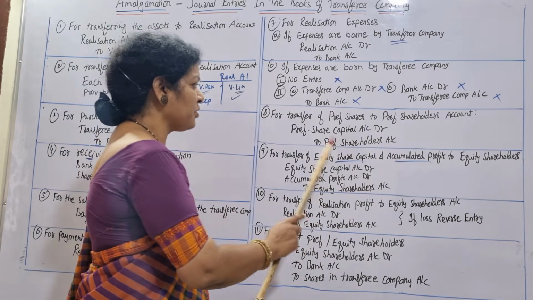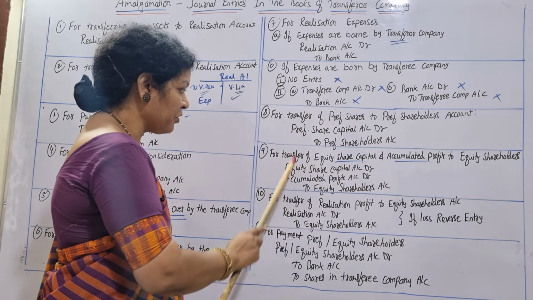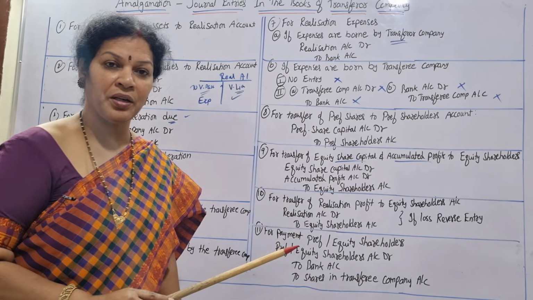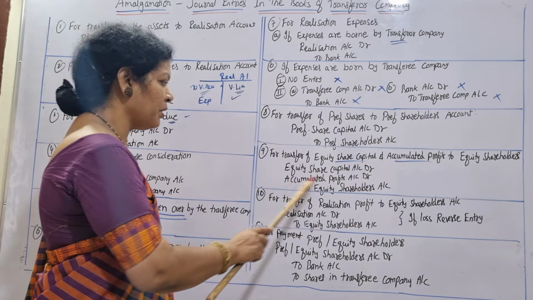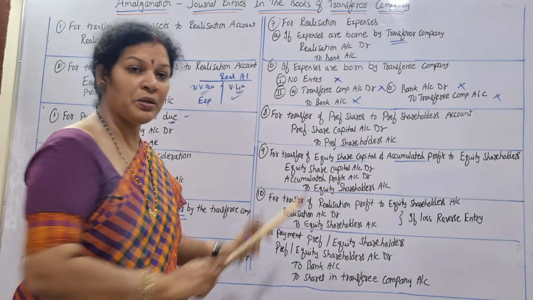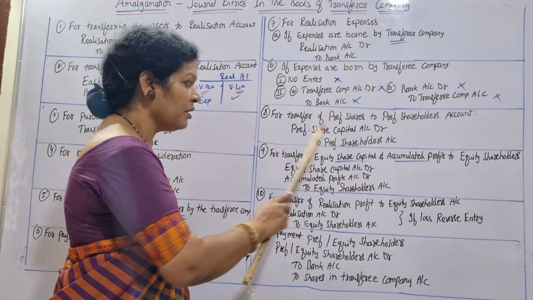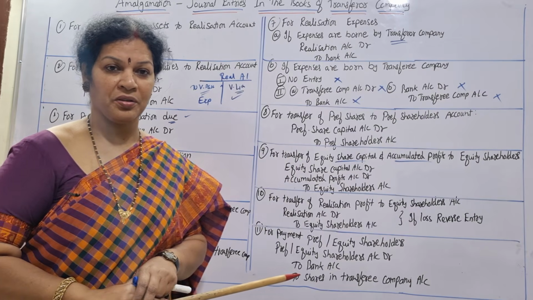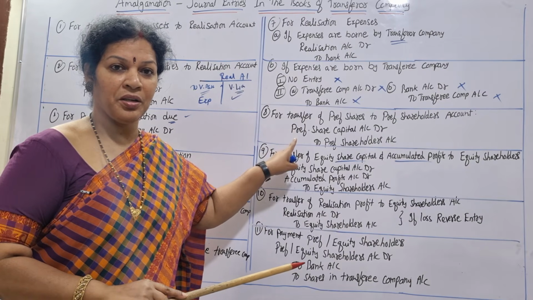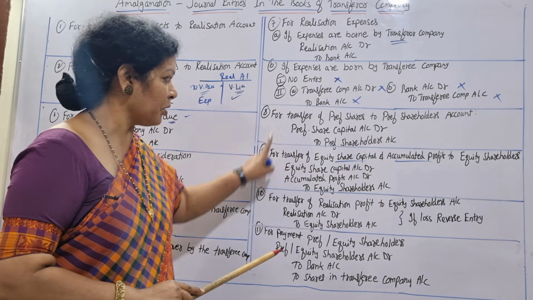Same like preference share capital, here you write equity share capital account debit, and if there are any accumulated profits, that is also debited, because both are transferred to the equity shareholders account.